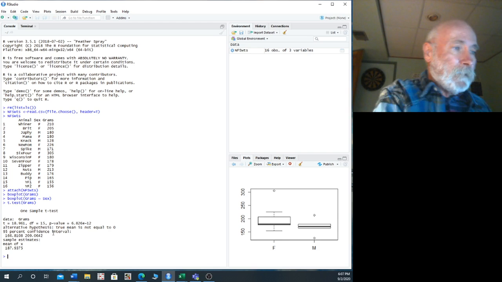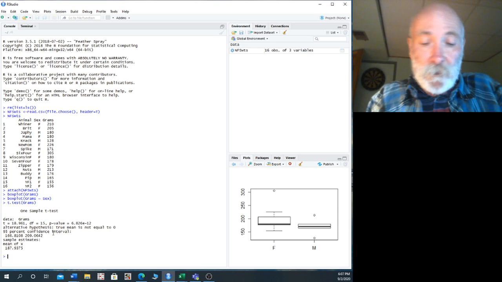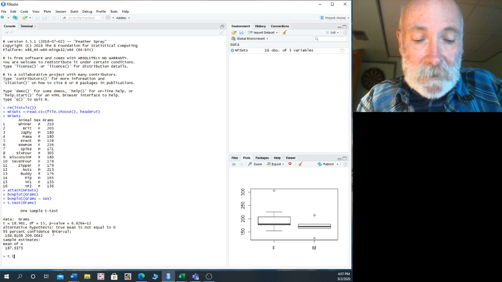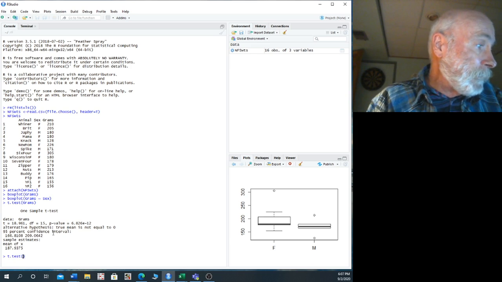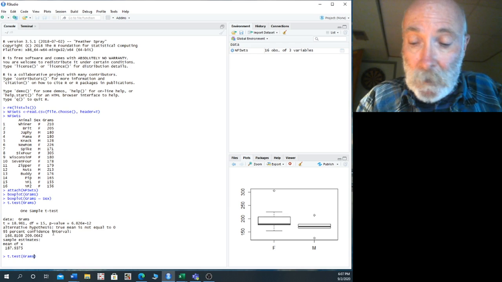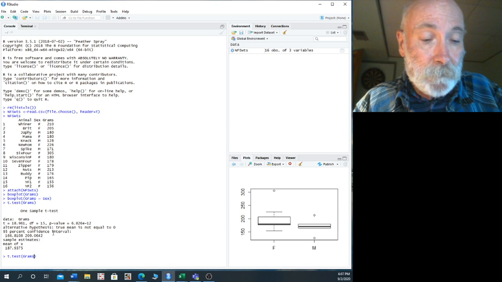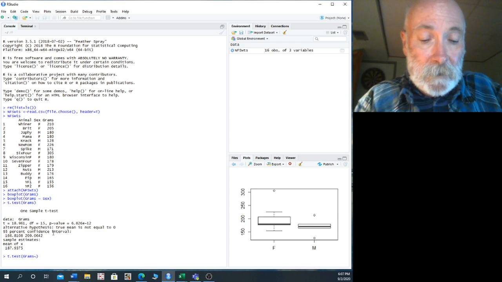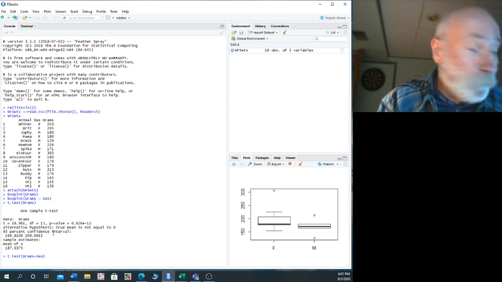All right, let's make it just a little bit more interesting. What I want to do now is do the t-test again, so t.test, and now I'm going to specify grams, and this time I'm going to use the tilde sex. So now I'm suddenly doing a two-sample t-test.